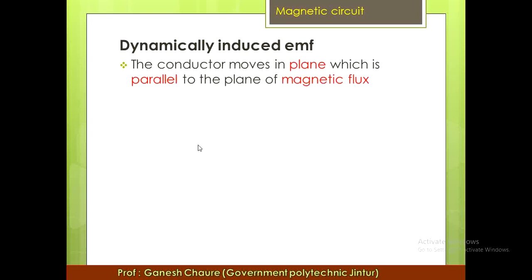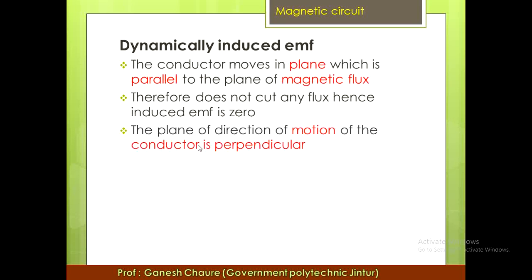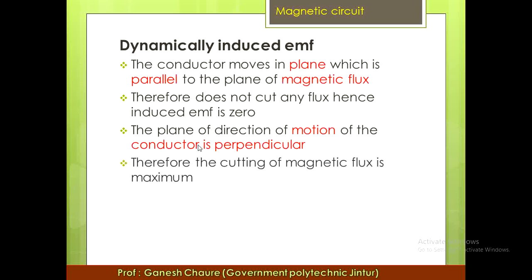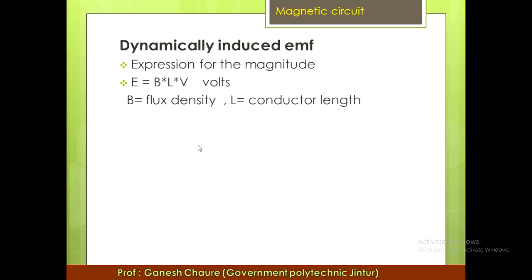So for dynamically induced EMF, we have discussed that when the conductor moves in a plane parallel to the plane of magnetic flux, it does not cut any flux, hence the induced EMF is zero. When the direction of motion of the conductor is perpendicular, the cutting of magnetic flux is maximum, therefore the induced EMF in the conductor is maximum.